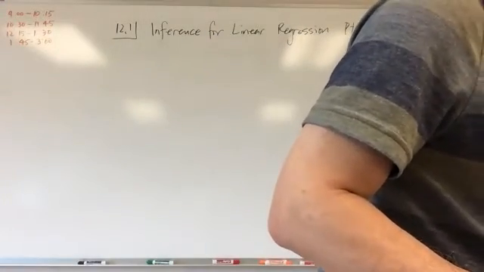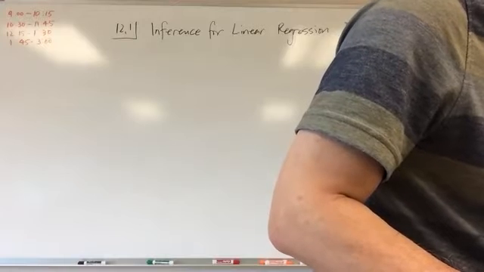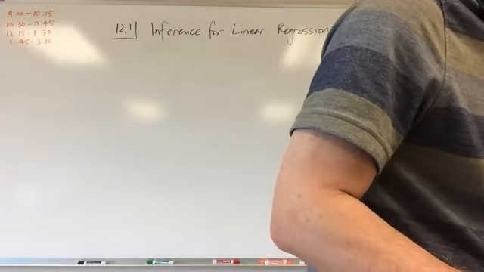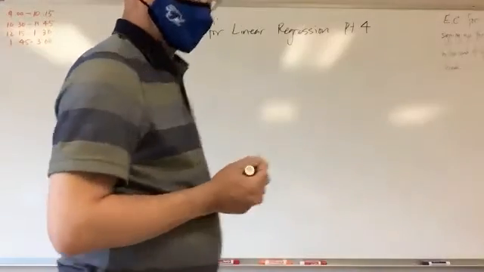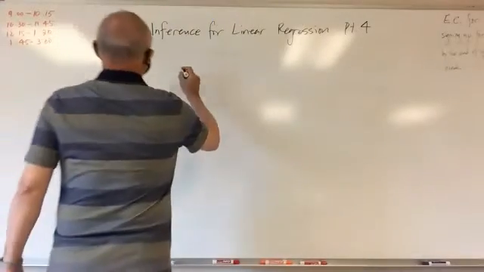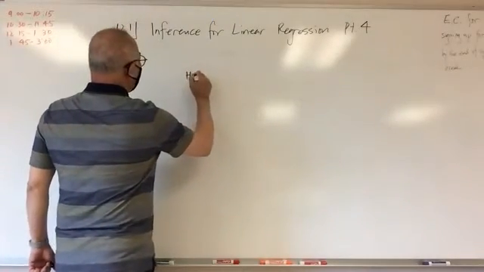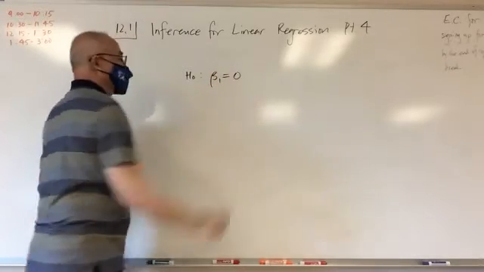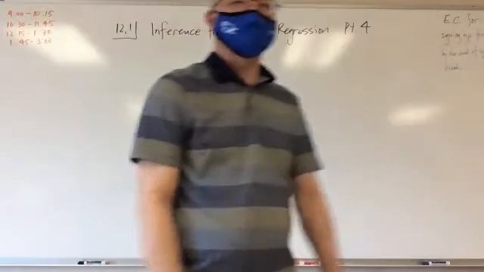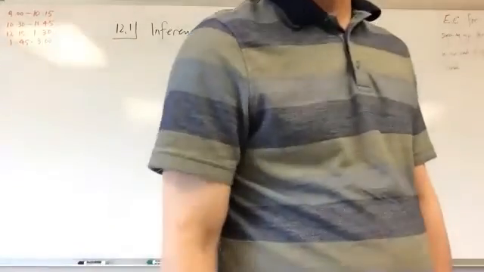Here's the computer output from the least squares regression analysis. Blah, blah, blah. So let's go ahead and check this. So your Ho is beta 1 is equal to 0. 0 meaning there's no relation, right?